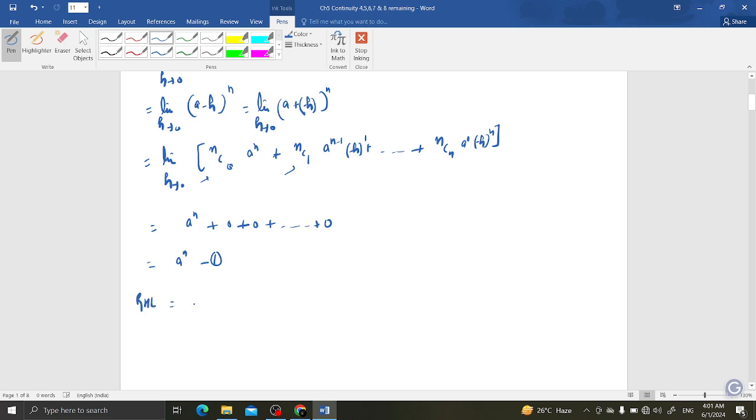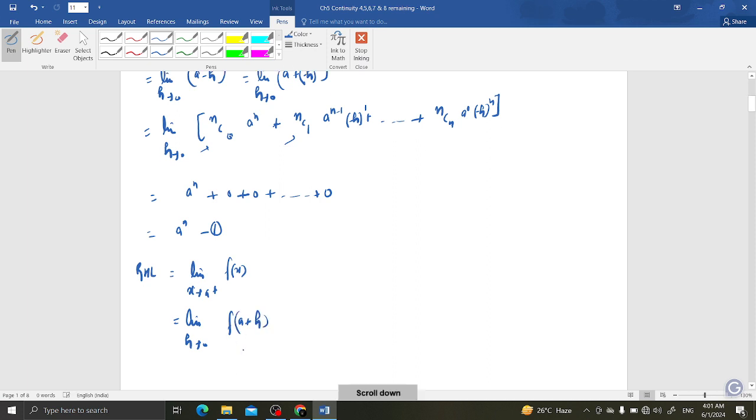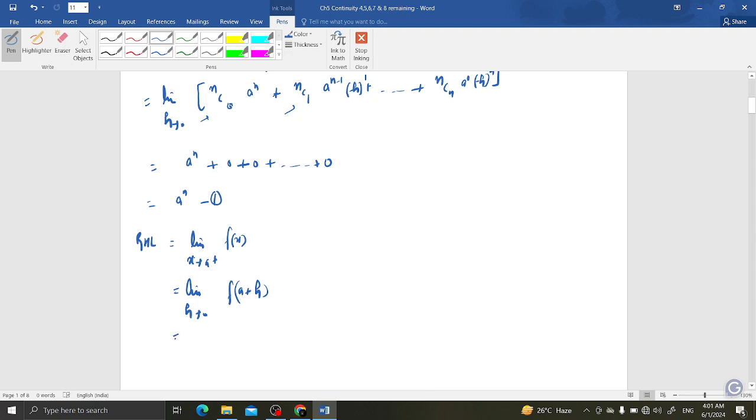What is our RHL? RHL is the limit as x tends to a positive of f(x), which is the limit as h tends to 0 of f(a plus h). A similar process applies here. We have the limit as h tends to 0 of (a plus h) whole raised to the power n.